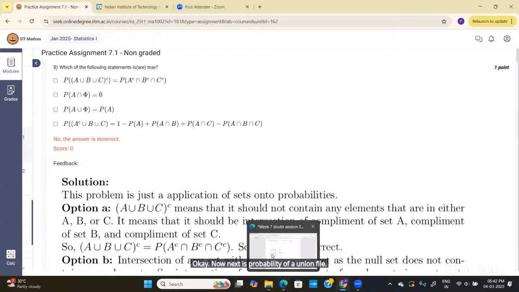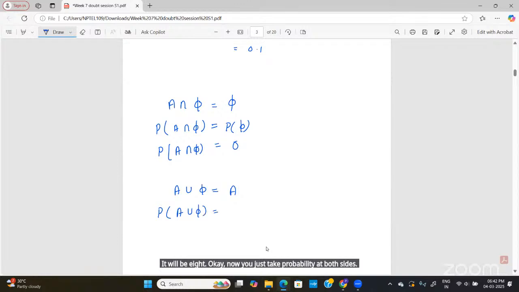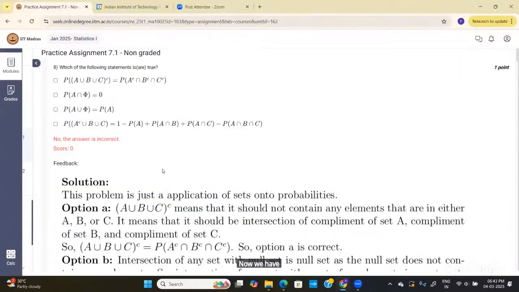If I take this set, A union phi, what will it be? It will be A. Now you just take probability at both sides, so that will be probability A.